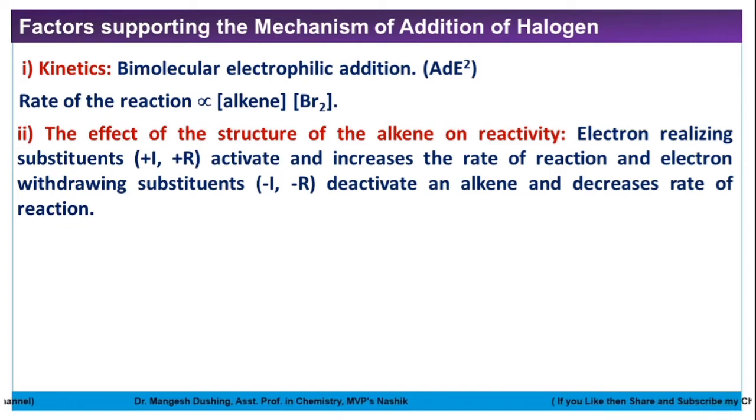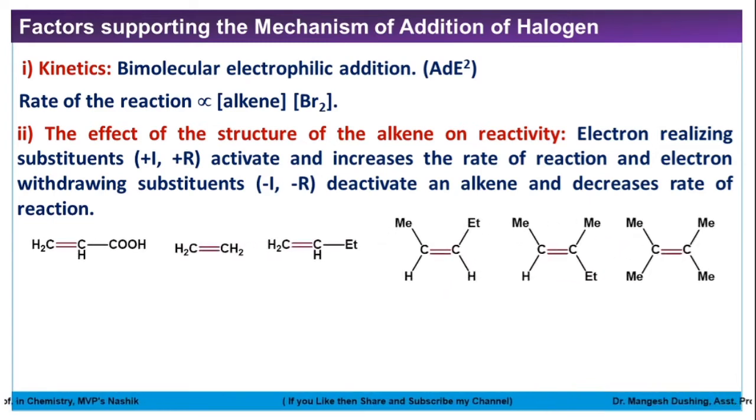That's why the structure of the alkene varies the reactivity. For example, these are some alkenes; with minus I or minus R substituents the rate decreases, while as the substituents increase, the rate of the reaction also increases.